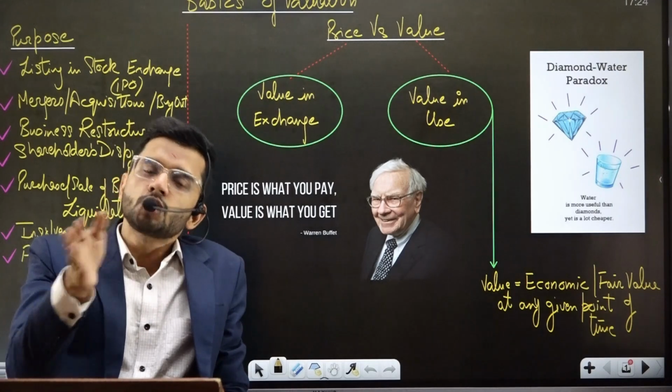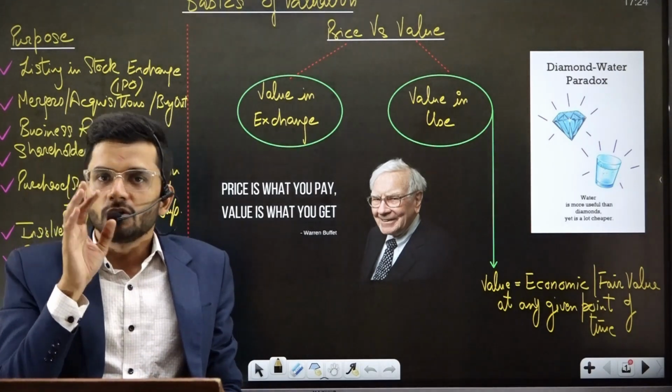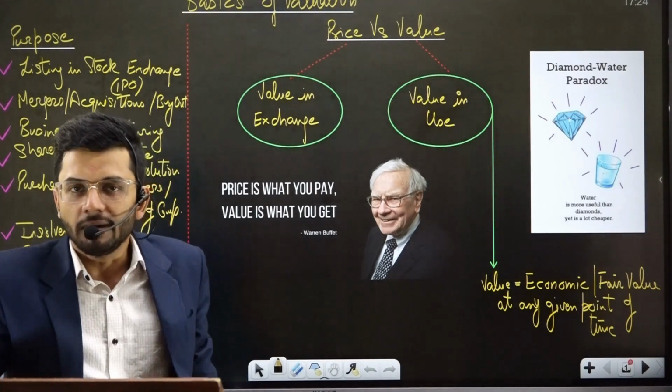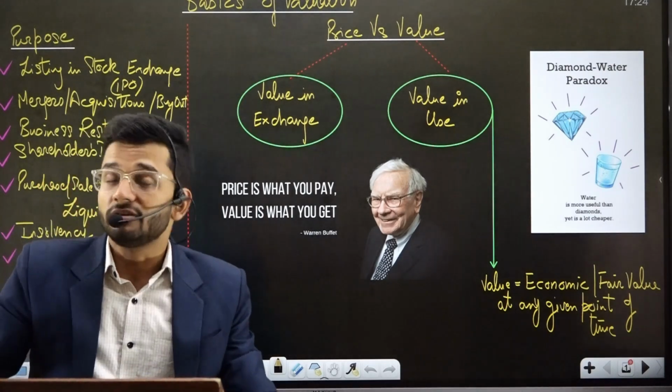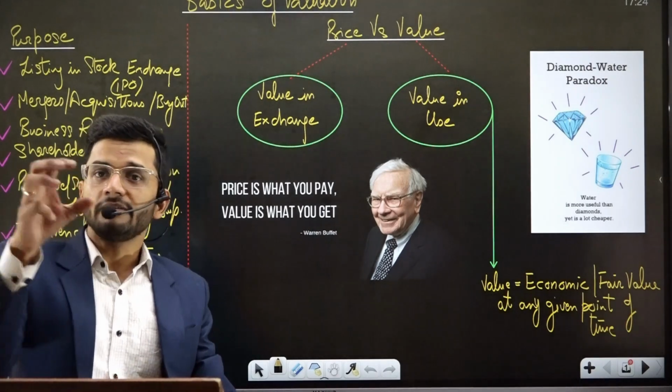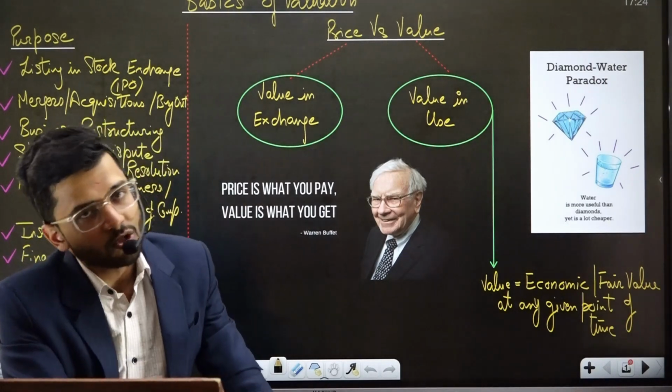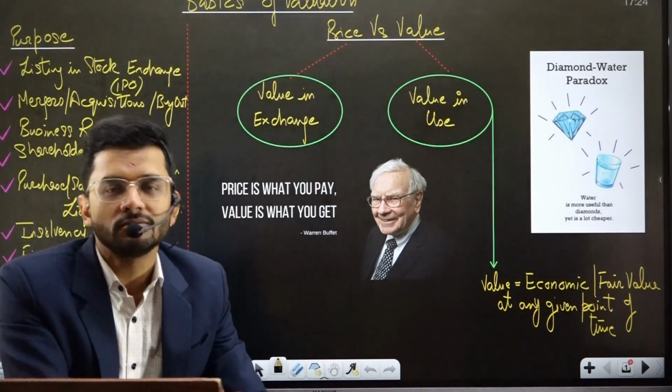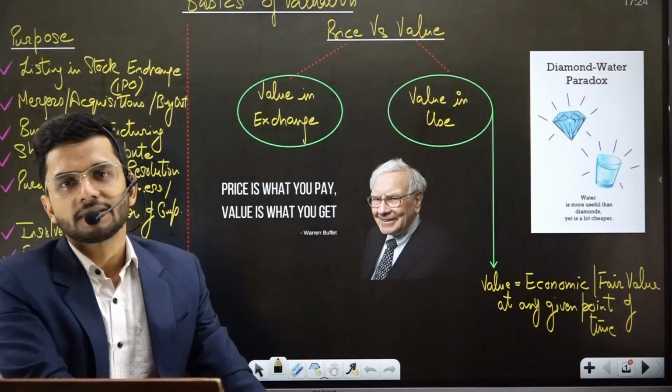So I have covered two study notes in one chapter: study note number 5 of your CMA Institute study material, and study note number 7. Basics of valuation and valuation models, both of them I've covered in my first chapter. So let's start business valuation, chapter number 1, basic concepts.